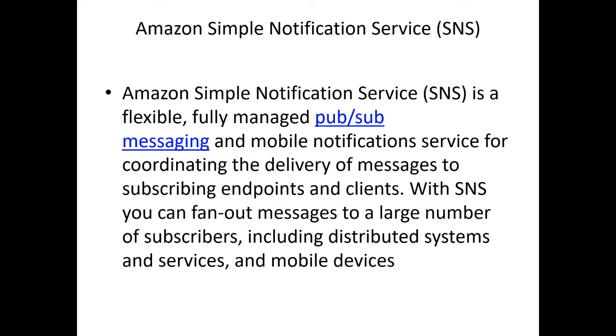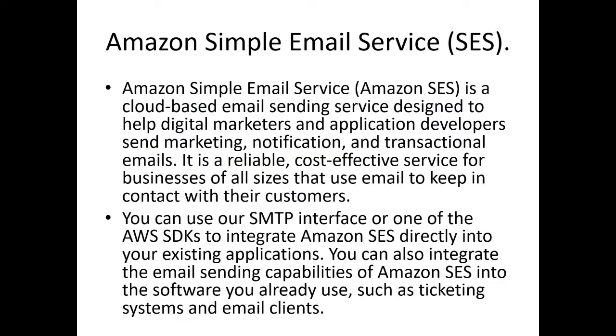The third type of messaging service available under Amazon is Amazon Simple Email Service. It is a high scale inbound and outbound cloud email service. Amazon Simple Email Service, also called Amazon SES, is a cost effective, flexible, and scalable email service that enables developers to send email from within an application.